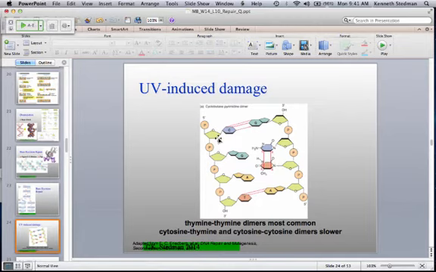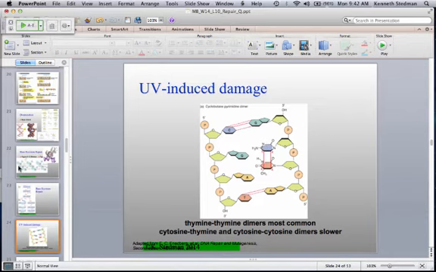It happens any time you have two T's, or a C and a T, or a C and a C right next to each other in one strand of the DNA that happens to pick up some UV irradiation. What happens is they make these dimers, covalent bonds between the two pyrimidines that are stacked on top of each other, and that takes the DNA, which is normally twisting around itself, and locks these two bases right on top of each other.